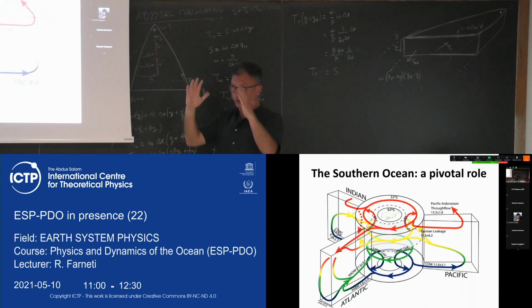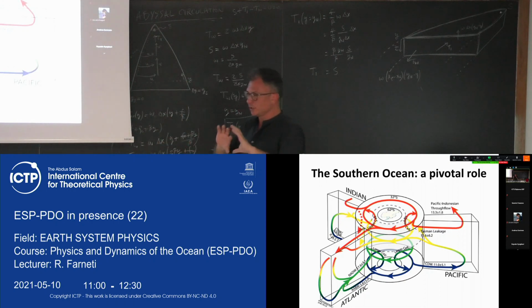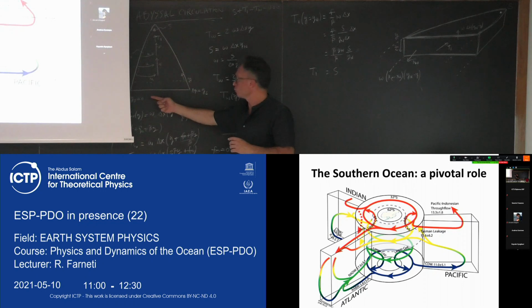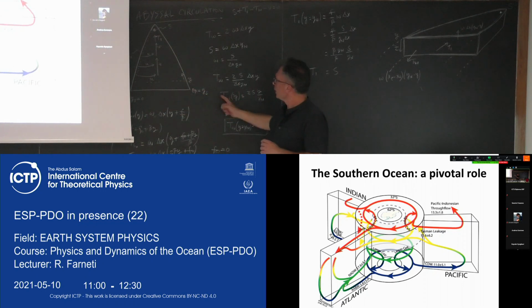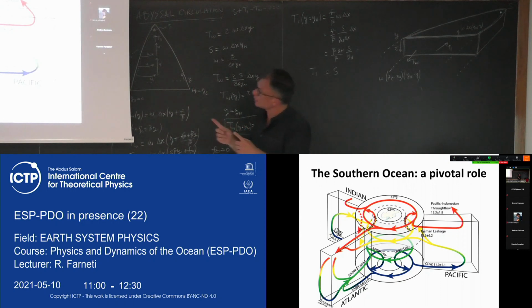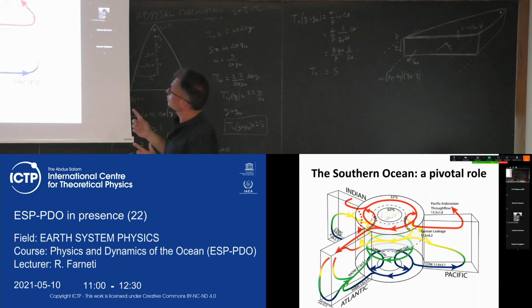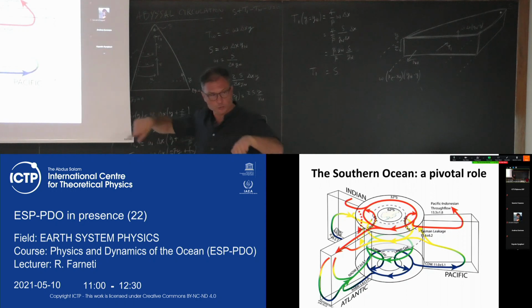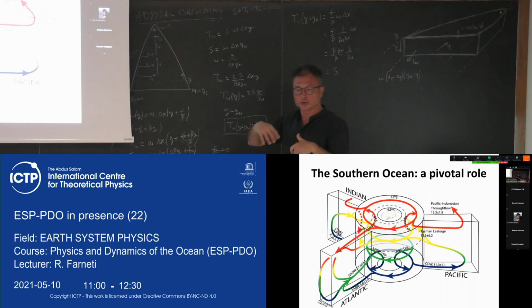If you think about the Atlantic Ocean, but if you think about the global meridional return circulation, as you saw, the water that is not upwelled in the Southern Ocean travels along Antarctica and goes into the Indian Ocean and into the Pacific Ocean.